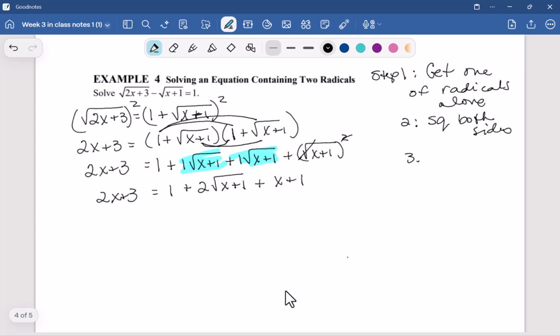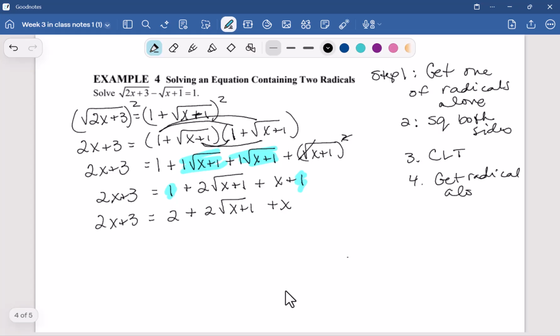Step 3, combine like terms on each side. So this one is 2x plus 3, nothing changes there. But on the right side, I have a 1 and a 1 makes a 2. So I have a 2 plus 2 square root of x plus 1 plus x. Step 4, get radical alone.